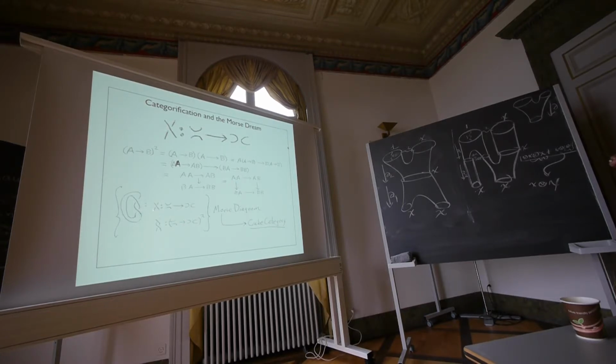Instead of an R matrix associated to a crossing, an arrow is associated to a crossing. Instead of a composition of those R matrices in the category, you have a composition of powers and other things in the category. And you see that what's going to happen is that if you expand in this way, you get a category out of the Morse diagram. And then that category has some kind of homology associated with it, and there comes the Khovanov homology.